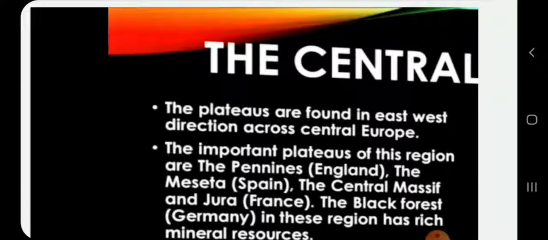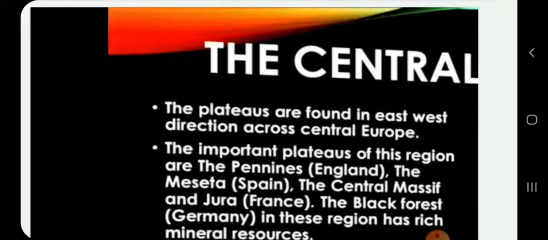The Fjord Coast, Norway. The important plateaus of this region are the Pennines, England; the Meseta, Spain; the Central Massif and Jura, France; the Black Forest, Germany. This region has rich mineral resources.